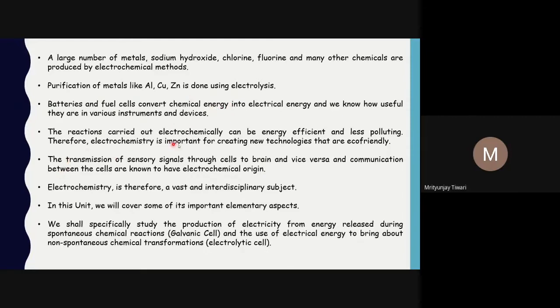The reactions carried out electrochemically can be energy efficient and less polluting. If you burn fossil fuels, what do we produce? Mostly carbon dioxide, NOx, and SOx gases. But if we do electrochemistry, we don't produce any gas. A certain chemical change is happening, going from one form to another.